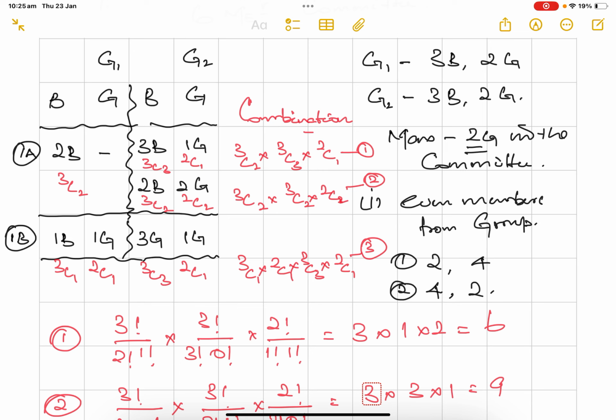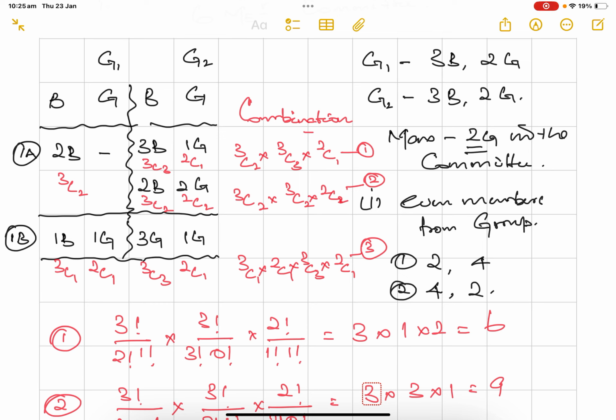If we do get 2 girls and no boys from group 1, we can only have a maximum of 2 girls, so the 4 members from group 2 would all have to be boys because there are already 2 girls. But we haven't got 4 boys in group 2, only 3 boys. Therefore, that's not possible. So only possible from group 1, 2 members, either 2 boys and no girls or 1 boy and 1 girl.